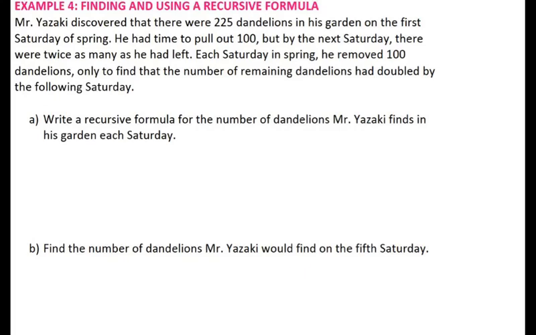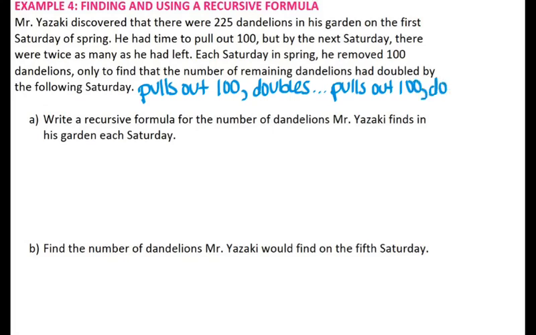So he starts with the 225, he pulls out 100, and then it doubles. And then the next Saturday, he pulls out 100, and then it doubles.